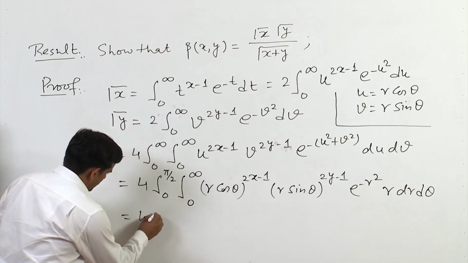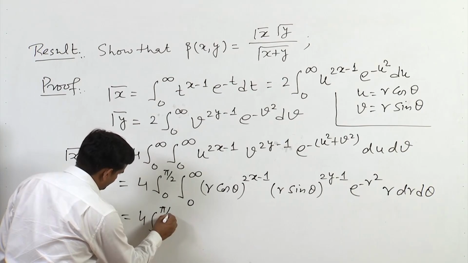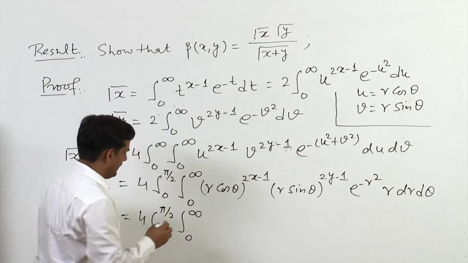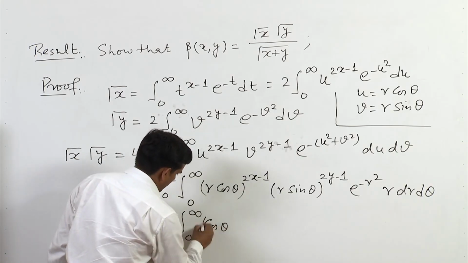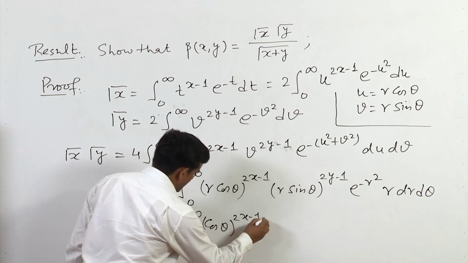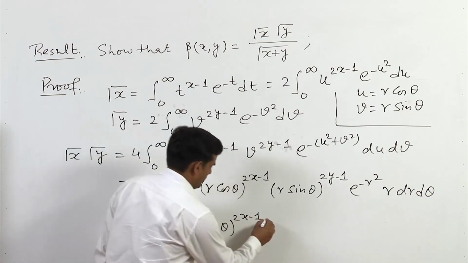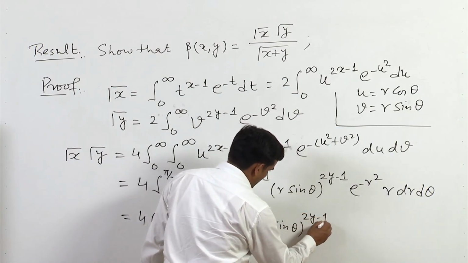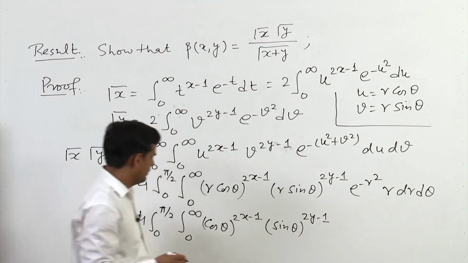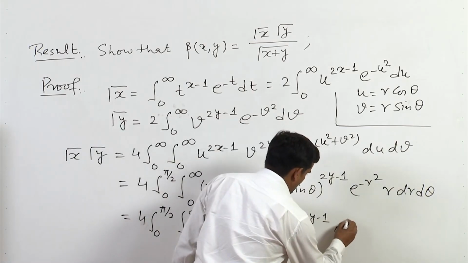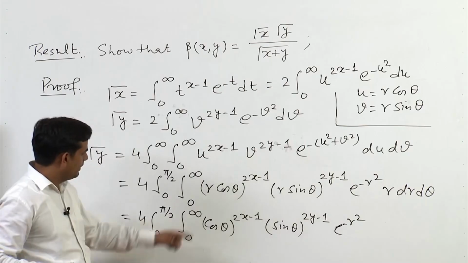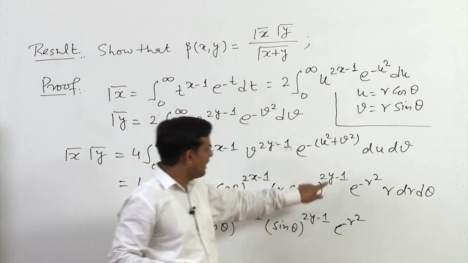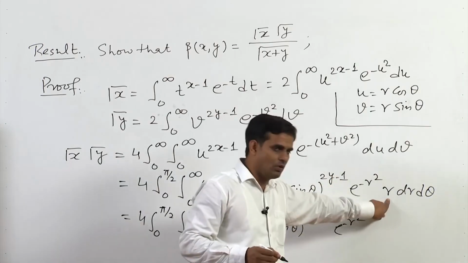Now this can be written as 4, integral 0 to pi by 2, integral 0 to infinity, cos theta raised to power 2x minus 1, sin theta raised to power 2y minus 1, e raised to power minus r square, and then the total power of r will be 2x minus 1 from here, 2y minus 1 from here, and 1 from here.